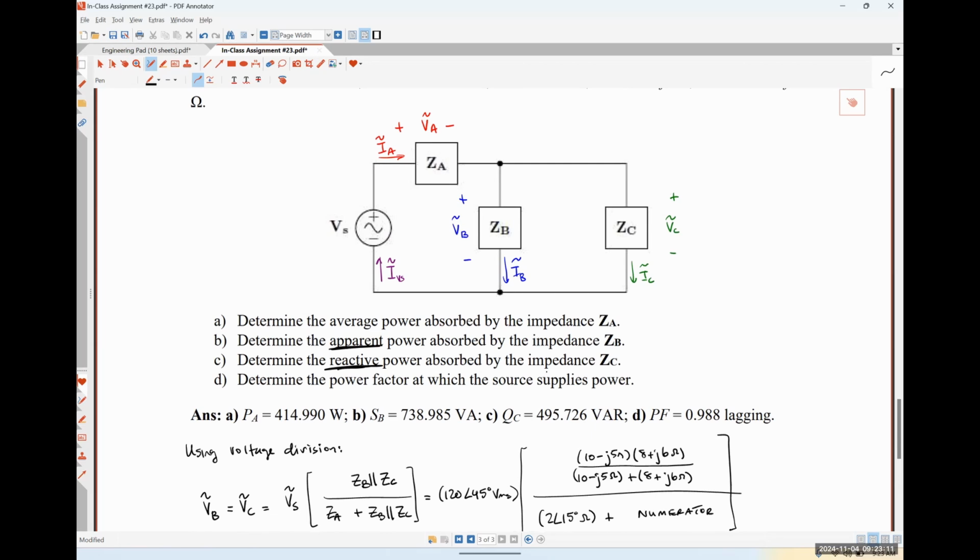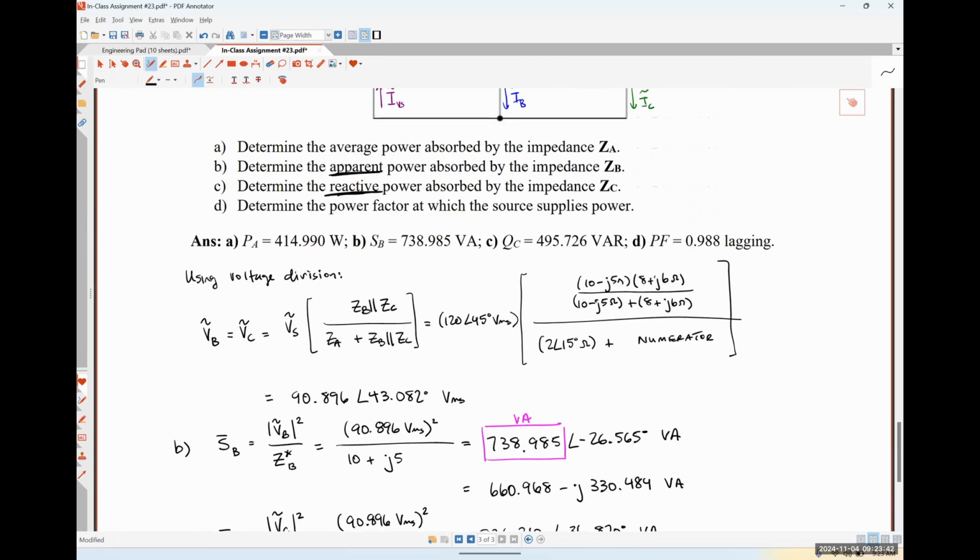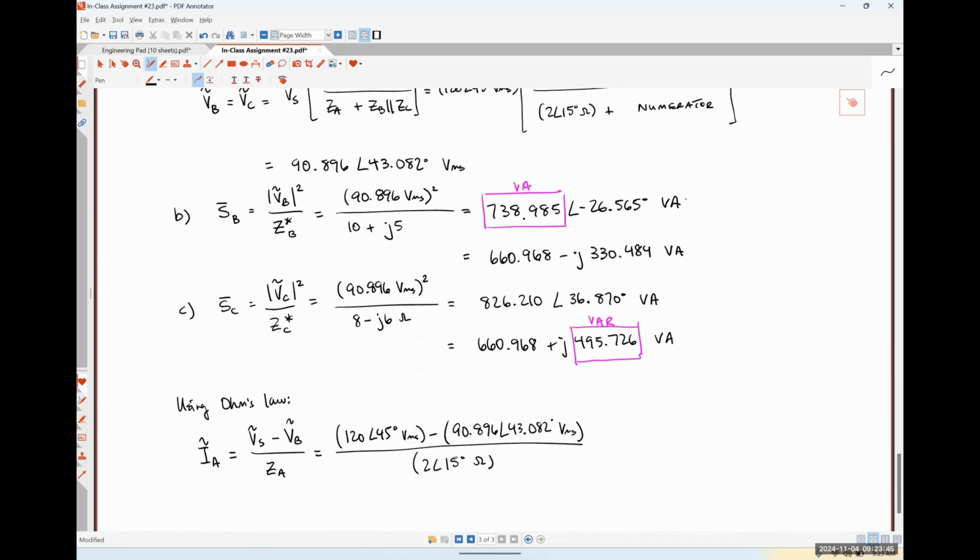So if we're okay with that being the expression for my current IA, then that's going to look like 120 angle 45 degrees volts RMS minus 90.896 angle 43.082 degrees volts RMS all over 2 angle 15 degrees ohms. Let me just double check that that is correct. It is.